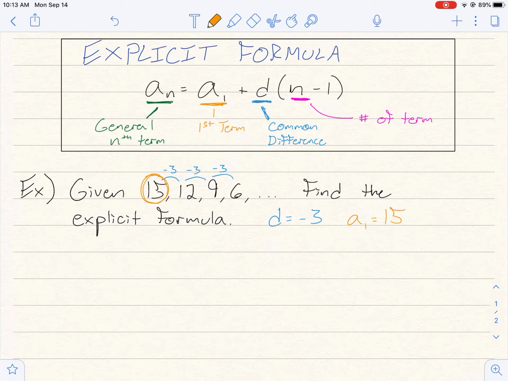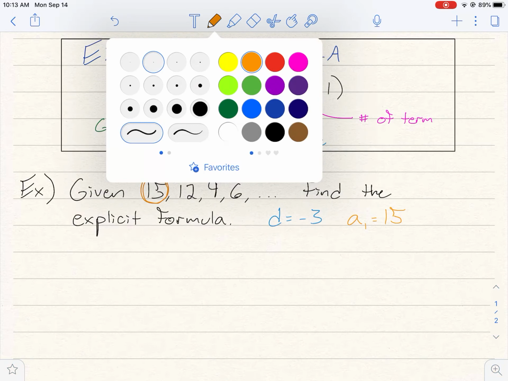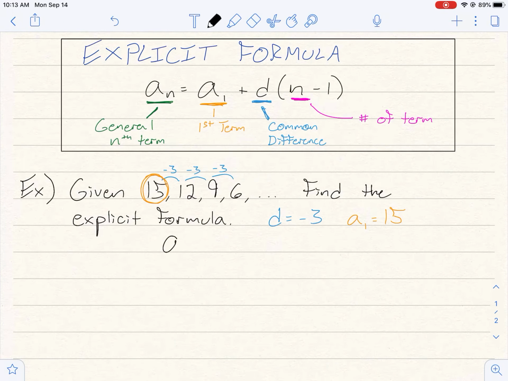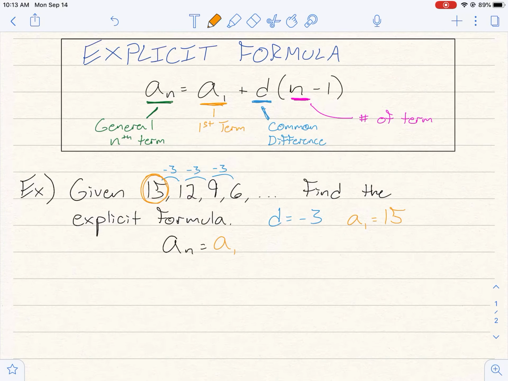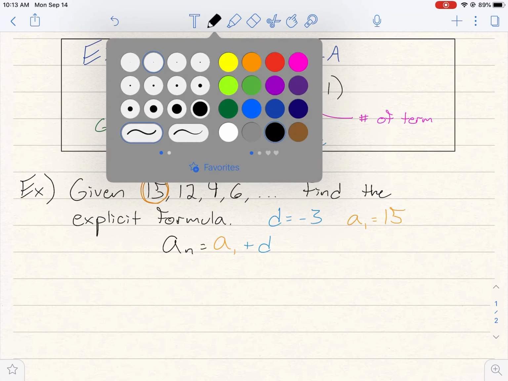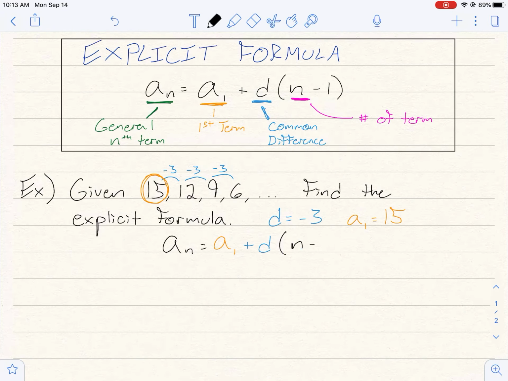So it's 15. So plugging into my formula, a sub n is equal to, I'll just rewrite it all, a1 plus d, then times n minus 1.